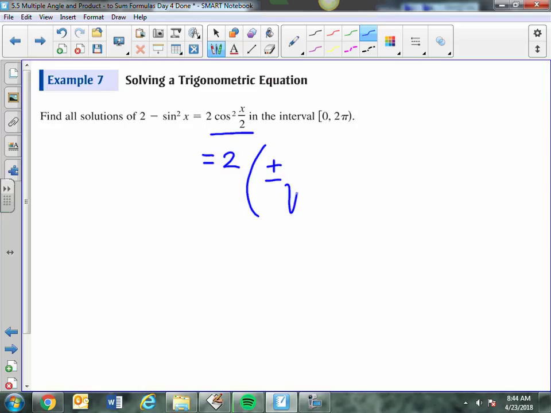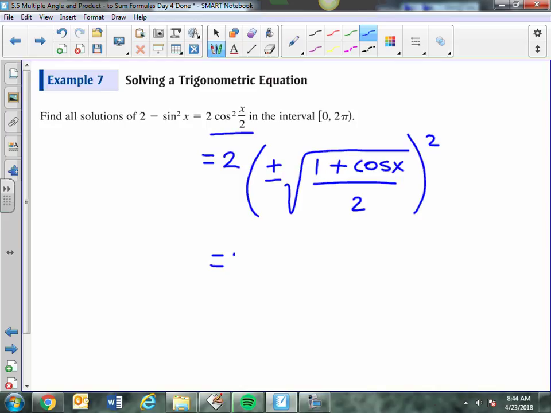So I have the square root of 1 plus cosine x, all over 2, and then squared on the outside. Now, if you have a square of a square root, most of you know that you can take that out. The plus or minus sign would also disappear.